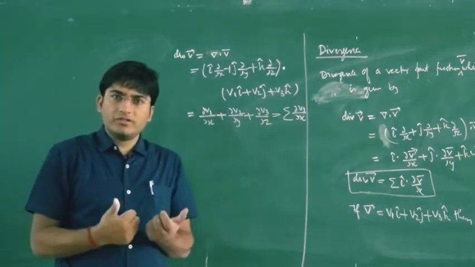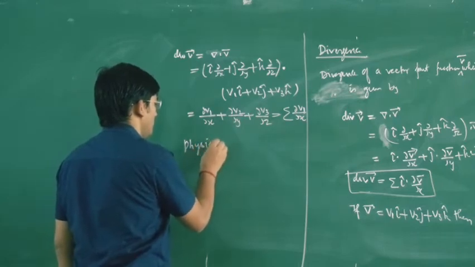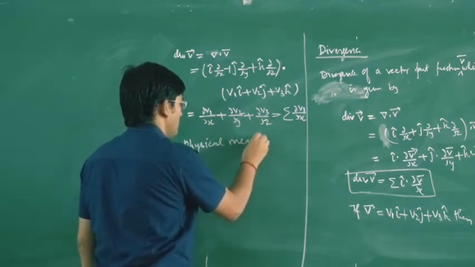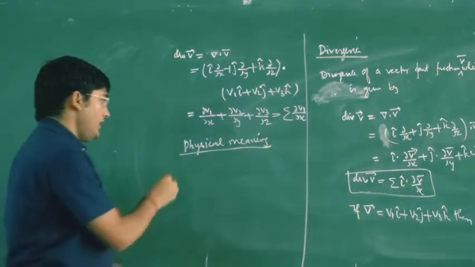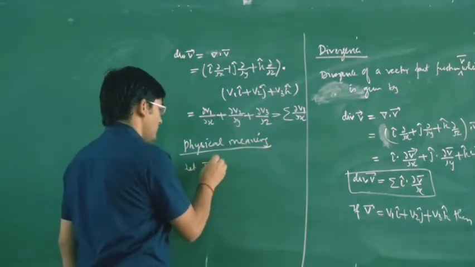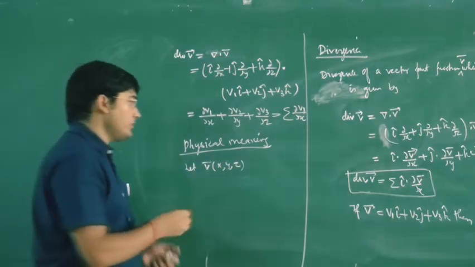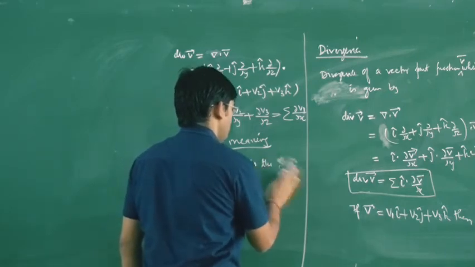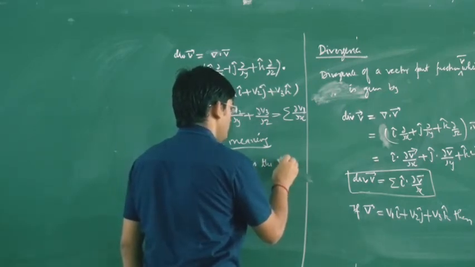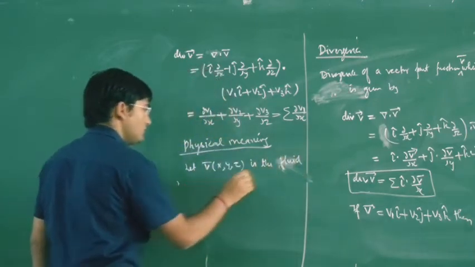Now what is its physical meaning? Suppose that v(x, y, z) is the velocity of a moving fluid, the fluid motion.